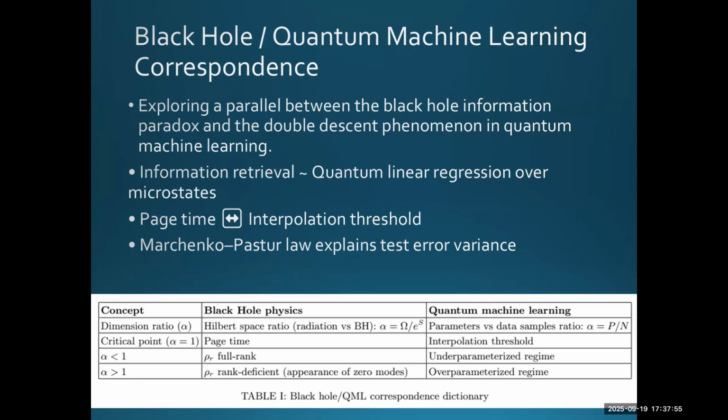Information depends on the category, but in quantum information, usually we think that information is anything we can know from the density matrix. So in this case, from Hawking radiation, we want to know something of the internal black hole state.